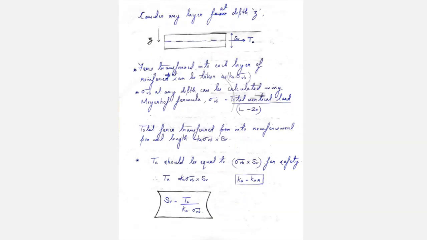Now let's see how the force transferred into each layer of reinforcement is found out. Here I have considered a layer of reinforcement placed at a depth Z from the top of the wall.